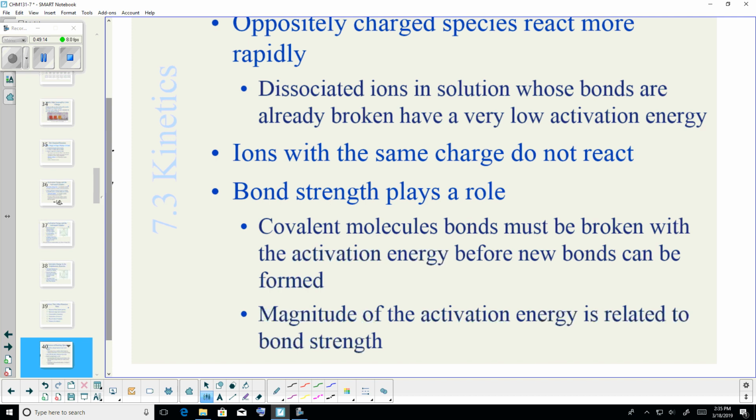Not intermolecular attractions, bonds. You have single, double, and triple. Which one takes the most energy to break? The triple bond. Think of a piece of wood: 3 pieces of wood as opposed to 1 piece of wood. It's harder to break. So the activation energy, if you have to break that, is a lot higher than breaking a single bond.